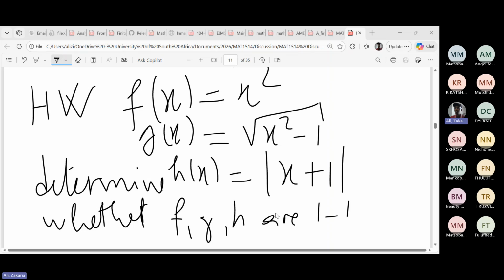For your case, the square root of x is not linear because it is x to the power half, but it is still one-to-one. That was a special case. You can also add 1 over square root as another function. All right. Any question, guys?